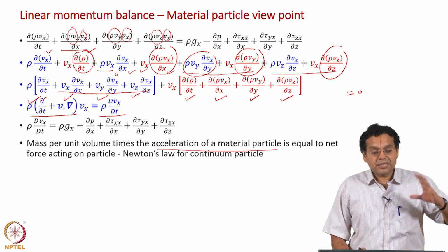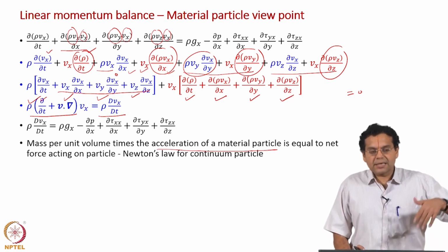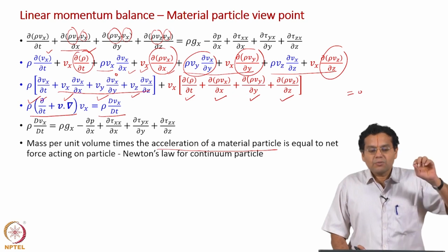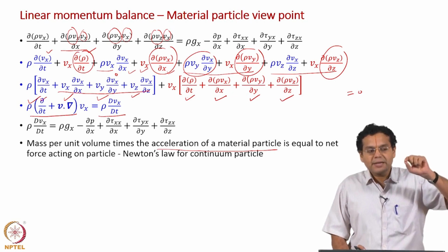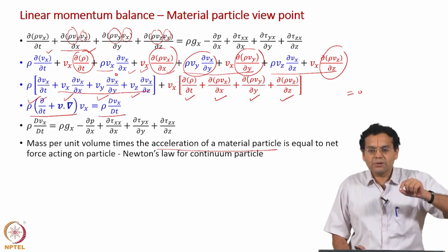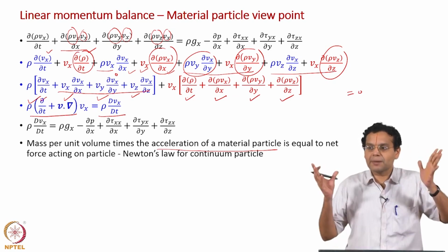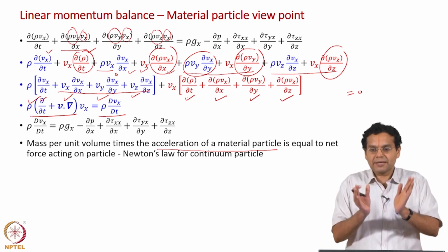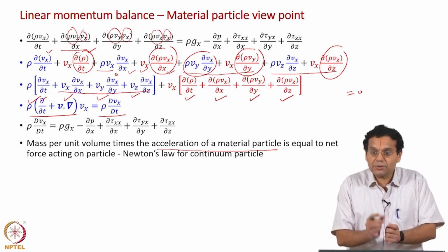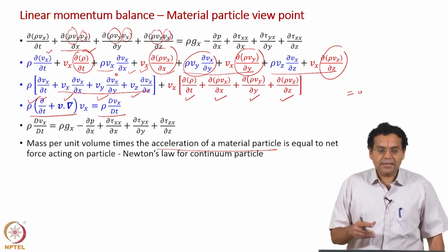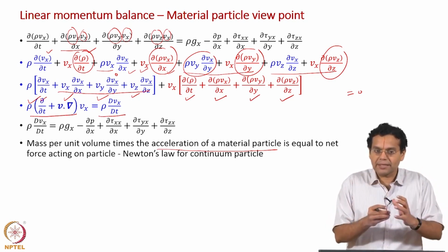Now, if you remember, all this started from our Newton's second law of motion. For a system, what happens when you make the size of the system go to 0? You get a fluid particle. Why? We said a system is made up of several fluid particles. So, if you take a system of finite size and shrink it, you get a fluid particle. That is what we had got, because remember in the derivation we shrank to a particular point.